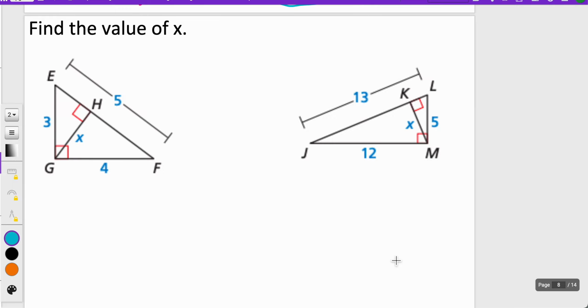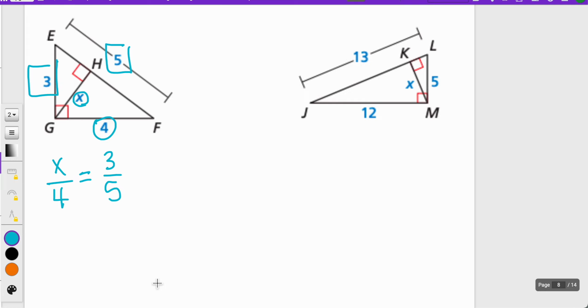So we have X over 4, or they can match, is equal to 3, the big one, over 5. Again, I want you to kind of picture this as two separate triangles.